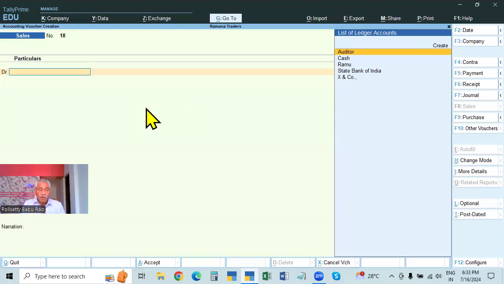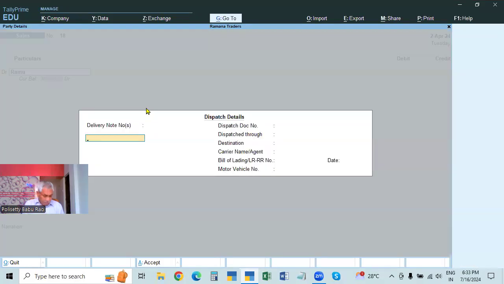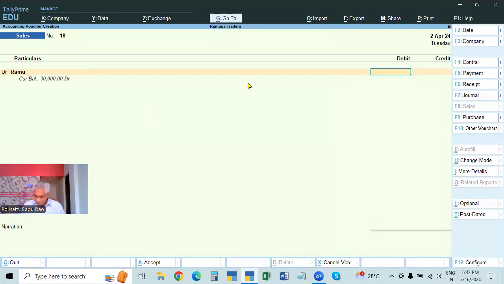In our books, we are giving service to Ramu, who is the receiver of service. So Ramu account is to be debited. So Ramu is the debtor here. For service, there is nothing extra. So Ramu account is to be debited, for example, 25,000 rupees. Now we are selling auditing services.